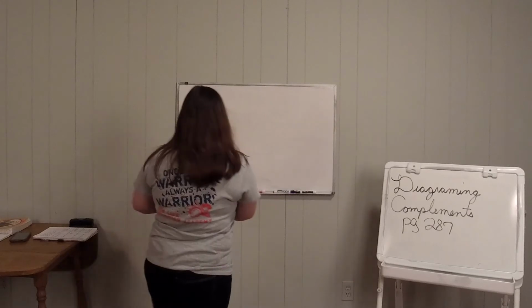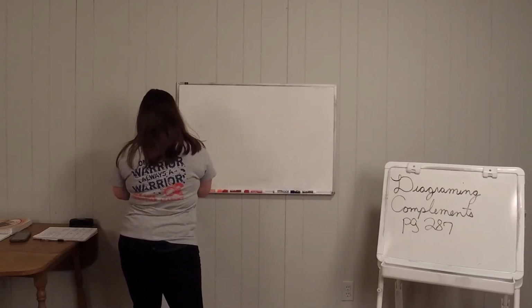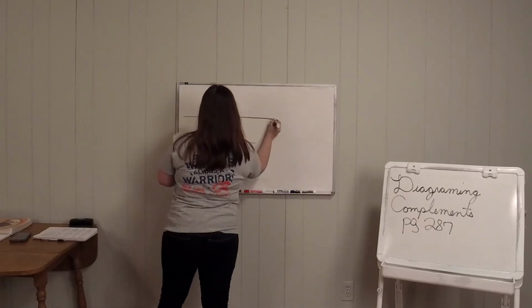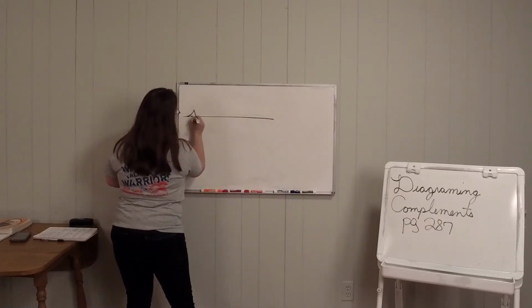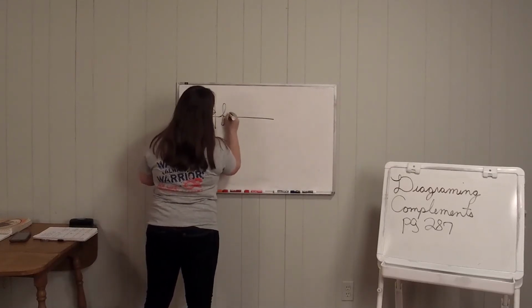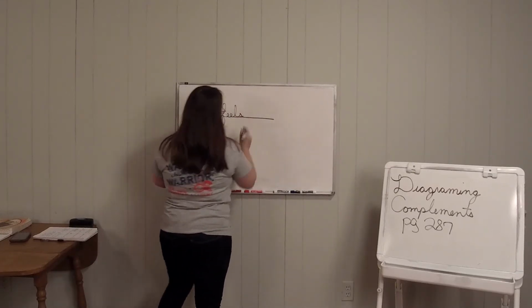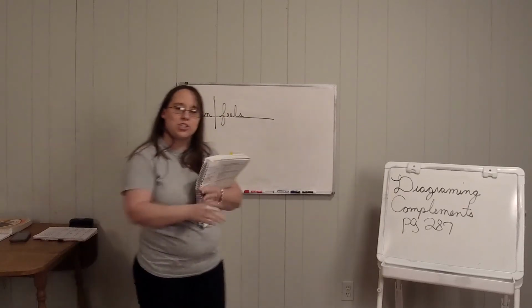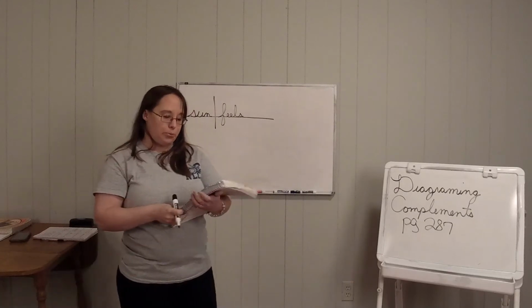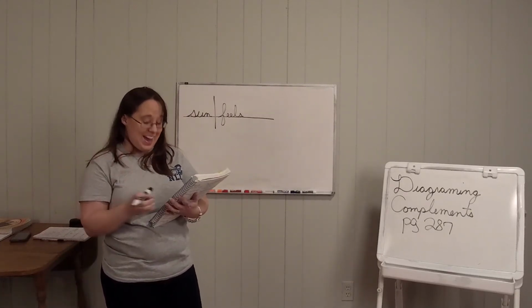So if we're going to diagram that, sun is my subject. We said feels was the verb. Well, didn't I say that warm described what it felt like? It was warm. So that's a predicate adjective.